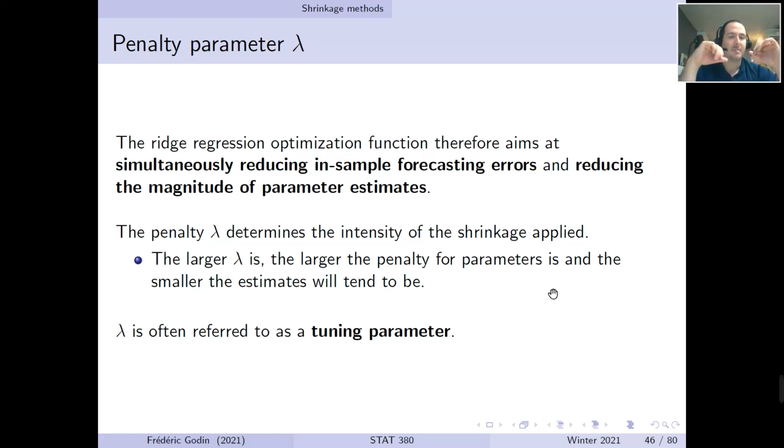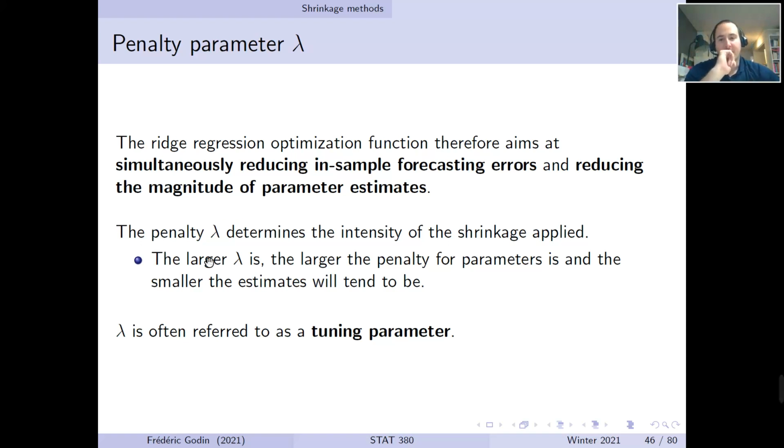Maybe I shouldn't say parsimony, but instead smaller parameters. So ridge regression is a trade-off between accuracy and magnitude of parameters. You want parameters that are sufficiently large to reduce prediction errors, but not too large, so as to reduce the penalty term.